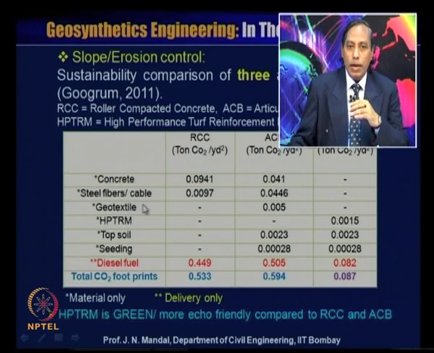For steel, fiber or cable, RCC is 0.0097 ton carbon dioxide per year, and articulated concrete block, ACB, is 0.0446, and you do not need it for HPTRM. If you use geotextile, it is 0.005 ton carbon dioxide per year for ACB, and for HPTRM you need only 0.0015 ton carbon dioxide per year.